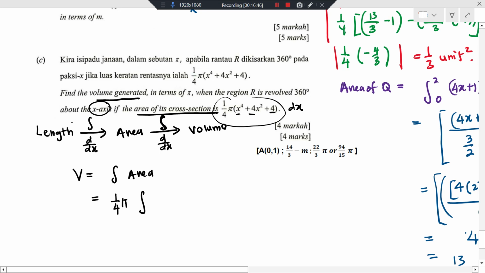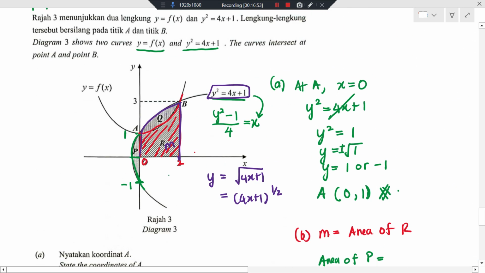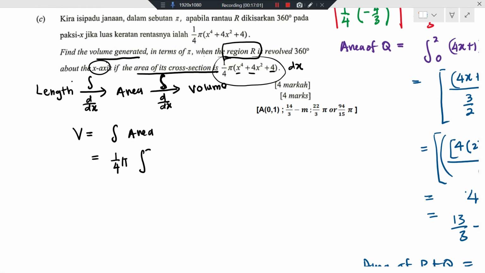But they already mentioned the region R. See? Region R is where? This is your region R, right? So the limit should be 0 until 2. That is the clue. Okay? Then you can write the integral of x^4 plus 4x squared plus 4 dx.